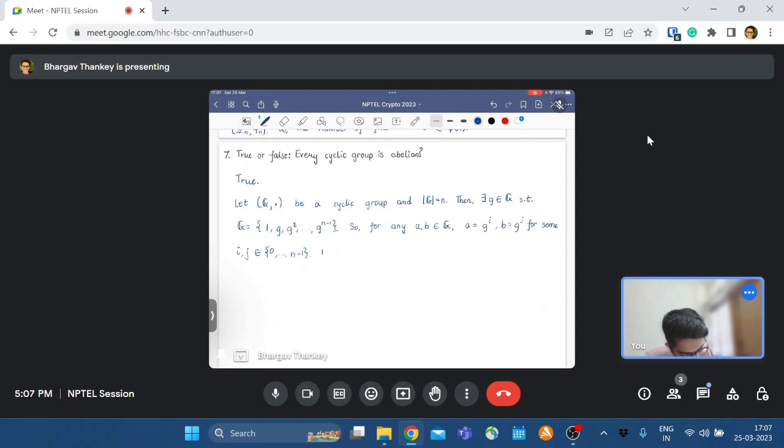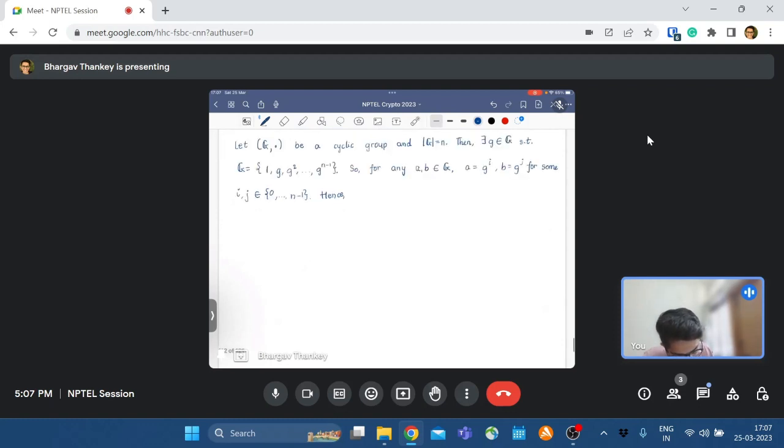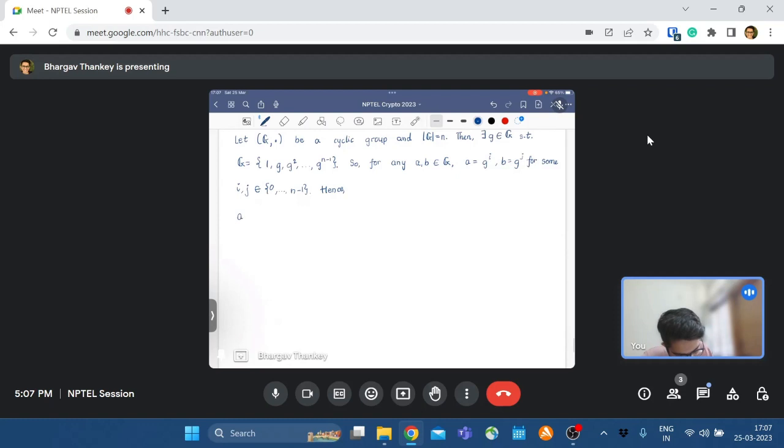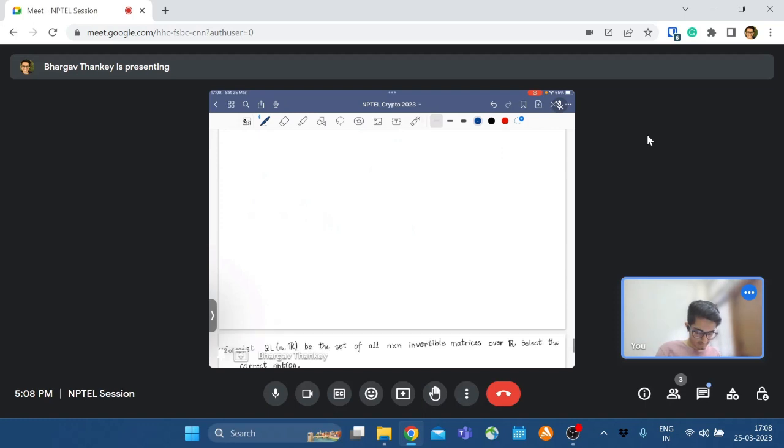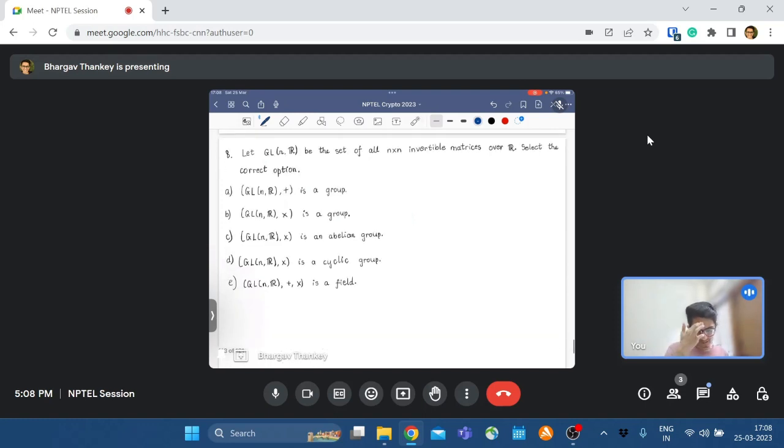Hence, a times b is equal to g to the i times g to the j, which equals g to the i plus j, and so the group is abelian. So now let's move on to the next problem.